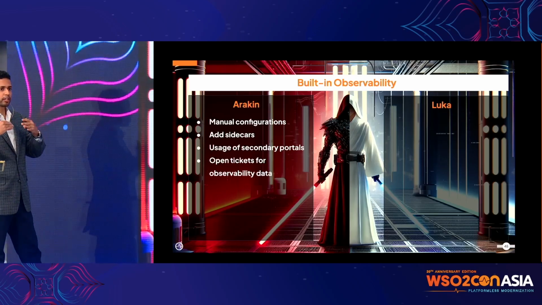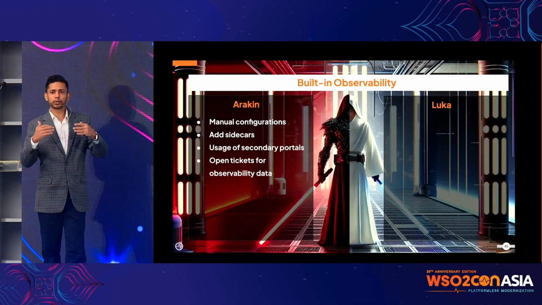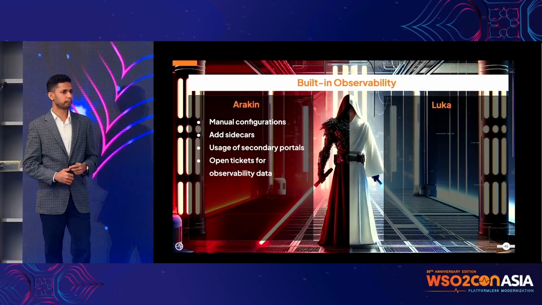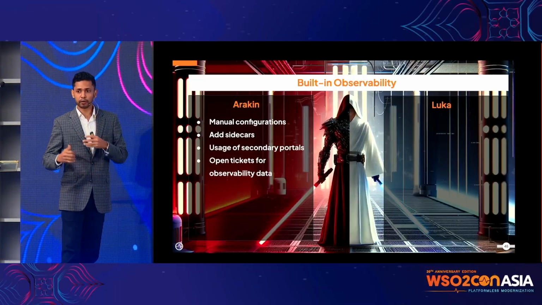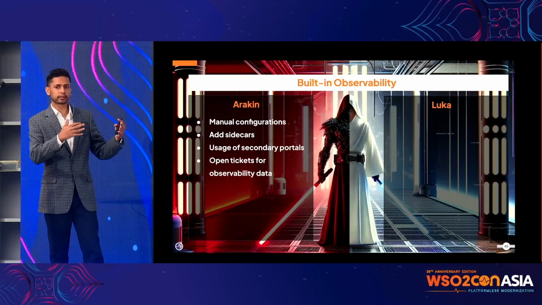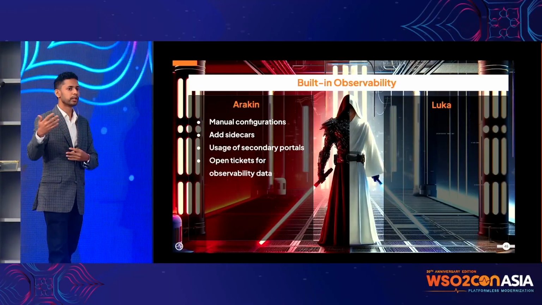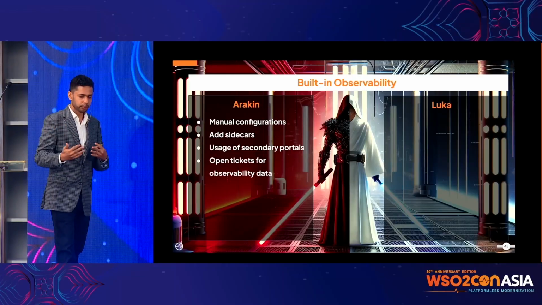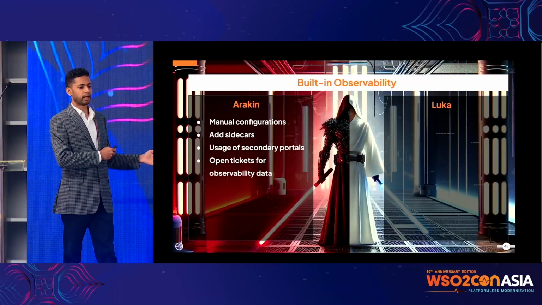And then about the viewing part, usually you would have to use secondary portals to log in and look at the logs, metrics, or traces. Or even in some cases, if you are to look at production metrics or production level logs, you'd have to open tickets, and wait for your SRE or platform engineering team to get back to you. That is how it is done in Arakin's enterprise.